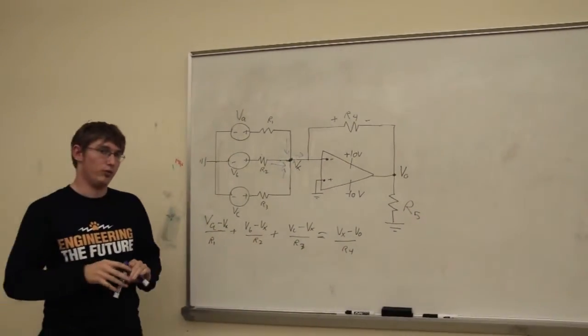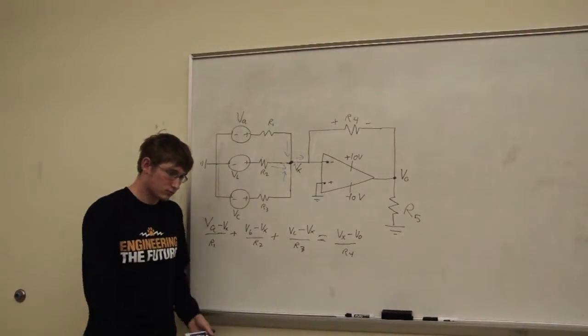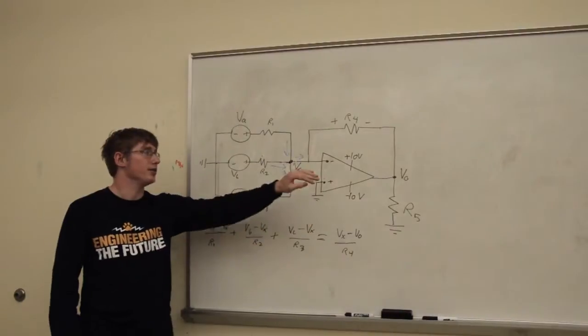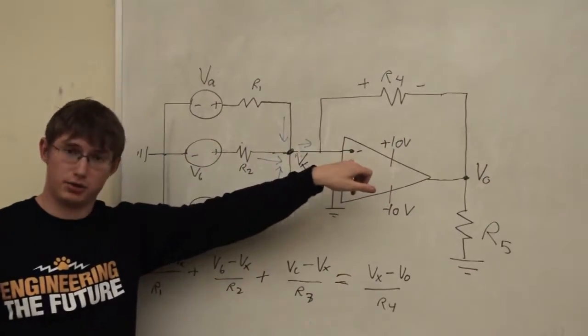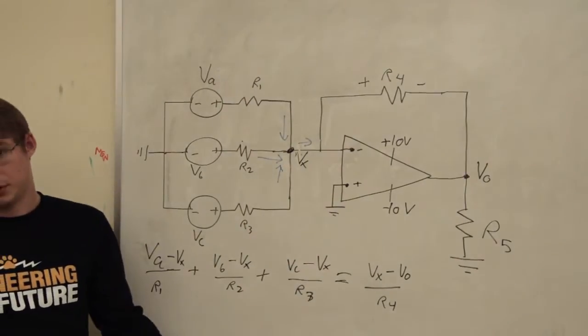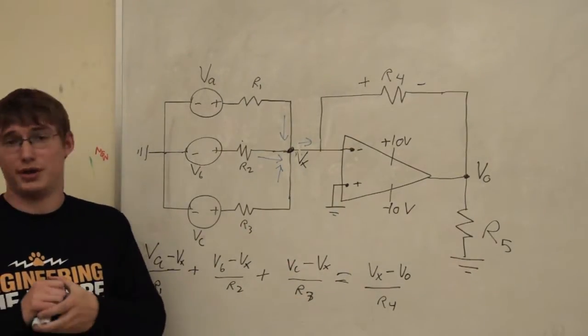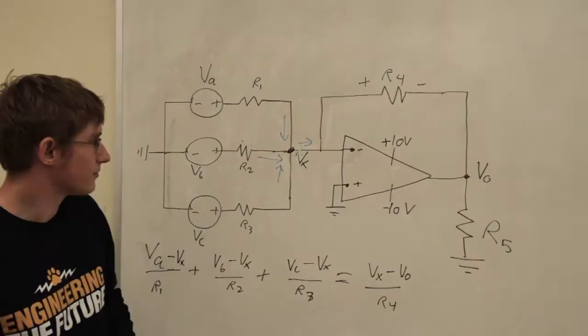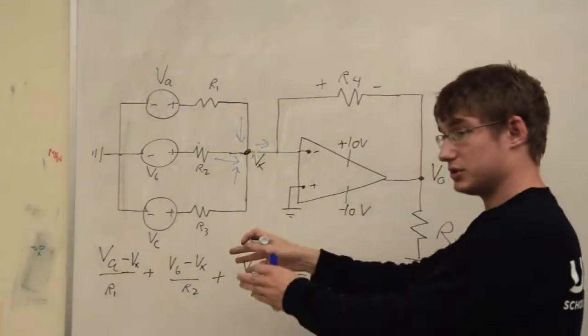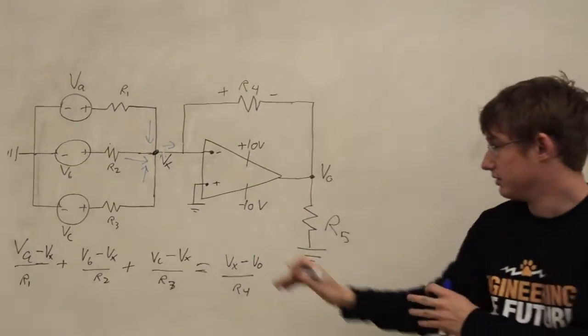Now we can exploit one of the properties of the op-amp. In an ideal op-amp at steady state, the voltage on the negative terminal is the same as the voltage on the positive terminal. Since the positive terminal is attached to ground, we know that Vx equals 0. And we can just substitute 0 for Vx into this equation.